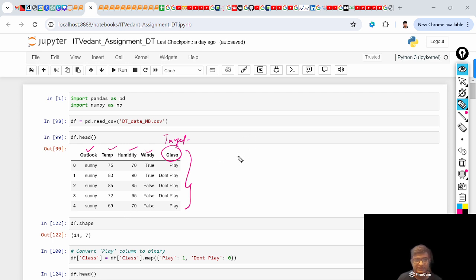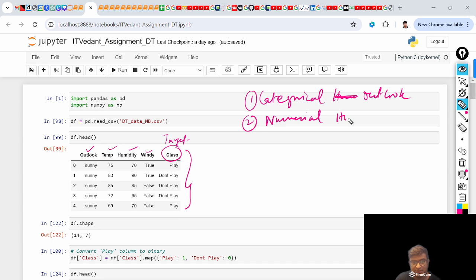In this session, for simplicity, we will take one categorical feature, that is outlook, and one numerical feature, that is humidity. Okay. And we will try to see, between these features, which feature should be selected as my root node.